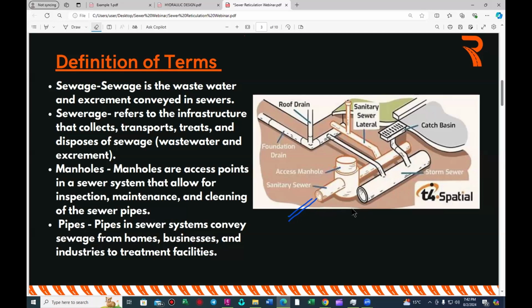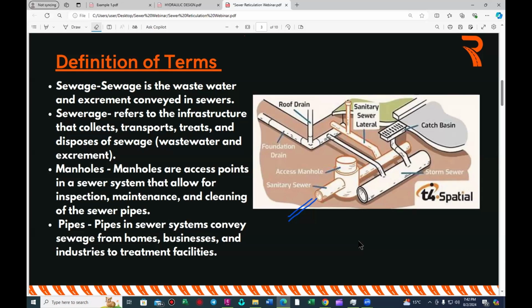We now use separate systems, which means that if ever you try to divert your storm water into your sanitary sewer, you will be found in offense according to the local municipal bylaws. It's a criminal offense. You can be prosecuted and go to jail.